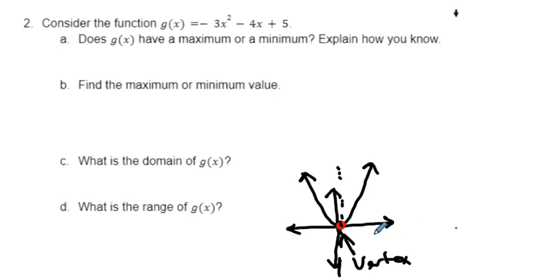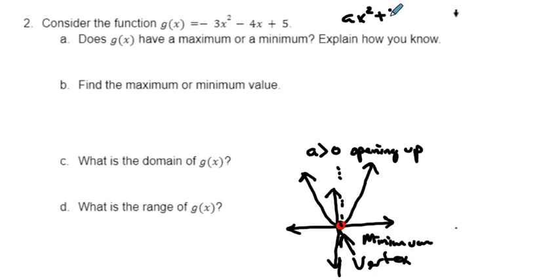So we would say that that is the minimum, because every other value for the parabola, which you can clearly see, is going to be higher than that. That's when a is greater than 0 and it's opening up. What we're looking for is the leading coefficient, that's what the a is, from our ax squared plus bx plus c.